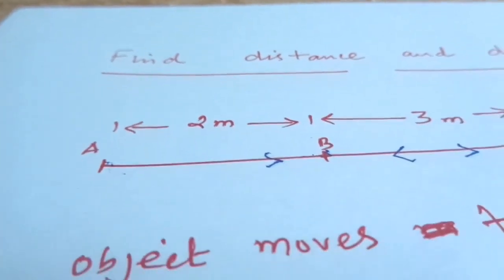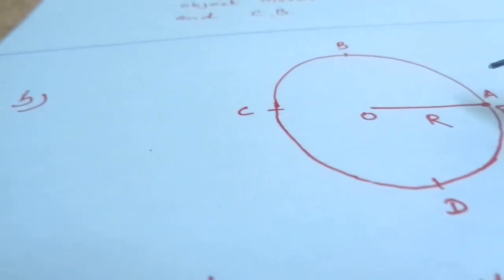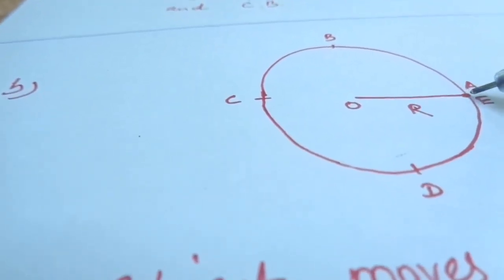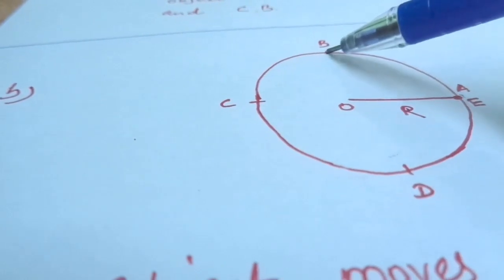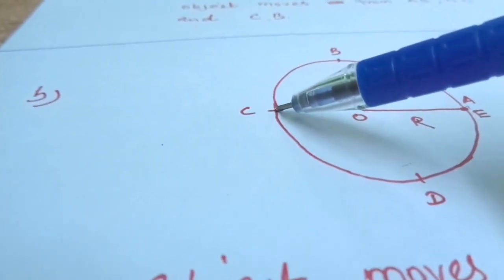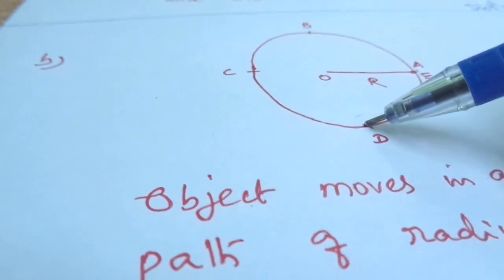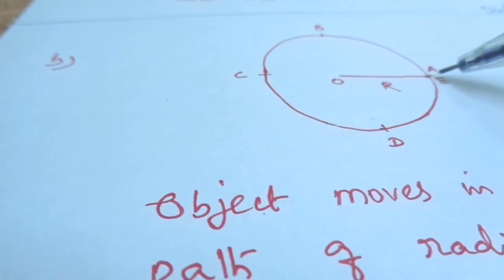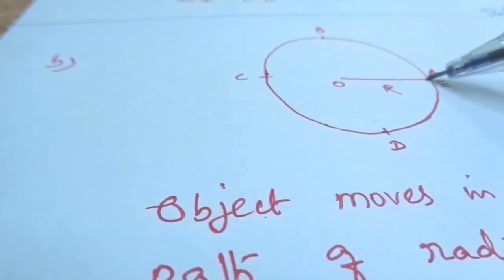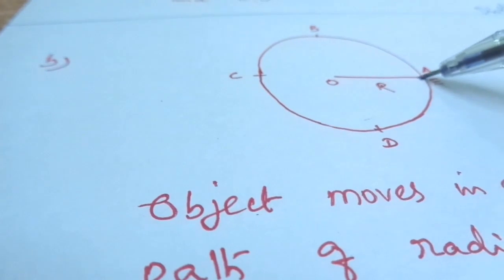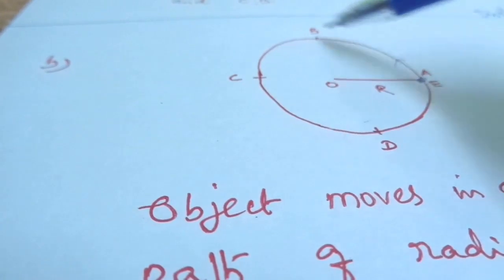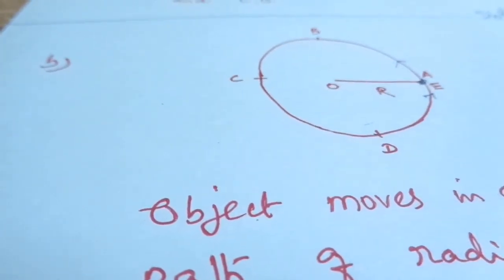In the same manner we will discuss another diagram. There is an object moving in a circular path of radius R. It starts from A, reaches B, C, D, then again reaches the same position, E. The particle starts here and returns back along the same path.